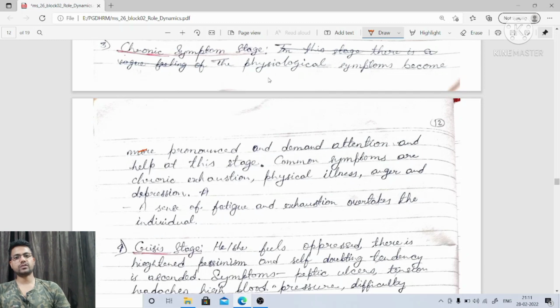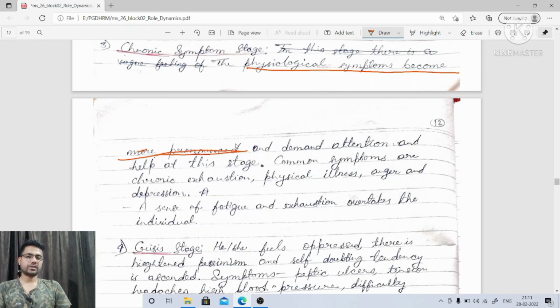Physiological symptoms, whatever physiological symptoms come in burnout, become more pronounced, more visible, and demand attention and help at this stage.